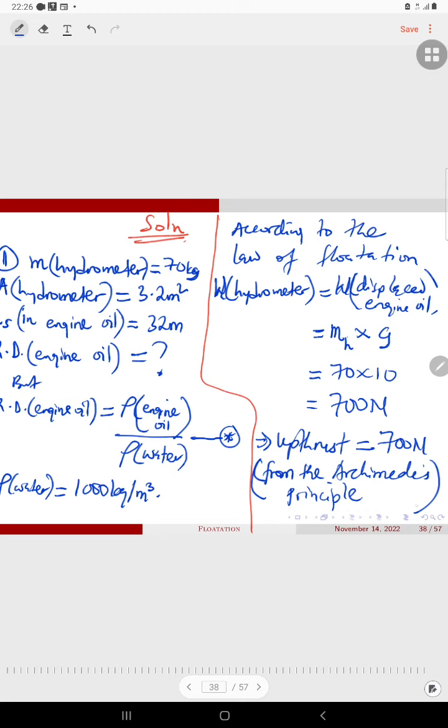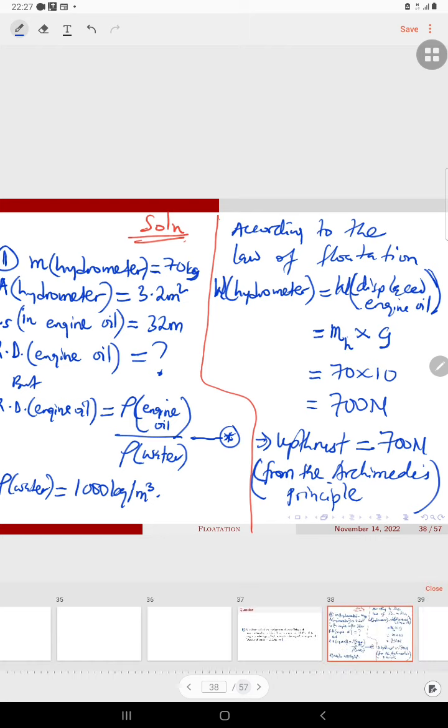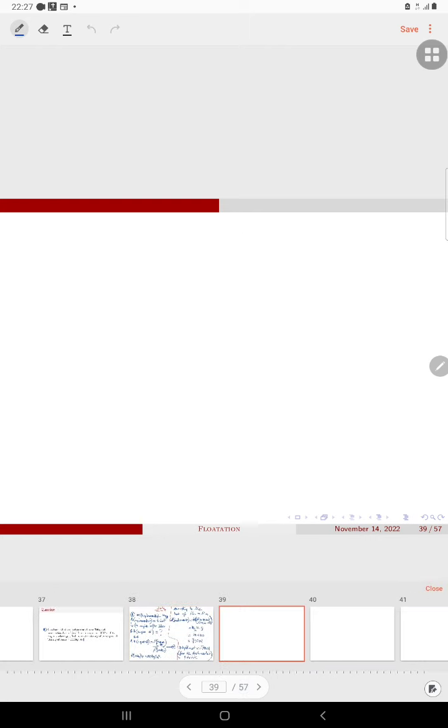Archimedes principle is saying that the weight of the displaced liquid is the same as upthrust. So the weight of the hydrometer is 700 newtons, which is the same as the weight of the displaced engine oil. So the weight of the displaced engine oil is the same as the upthrust, according to the Archimedes principle. Now let us continue.